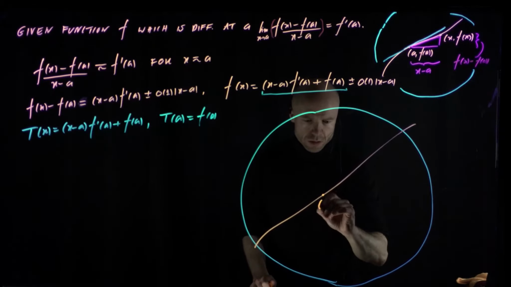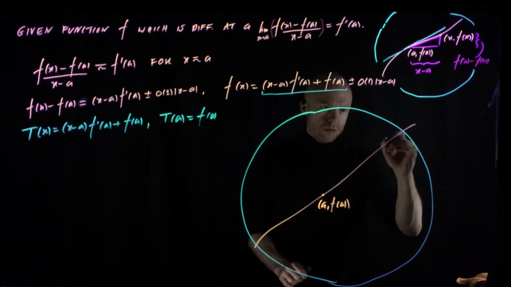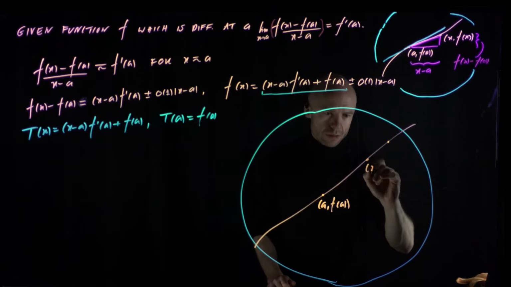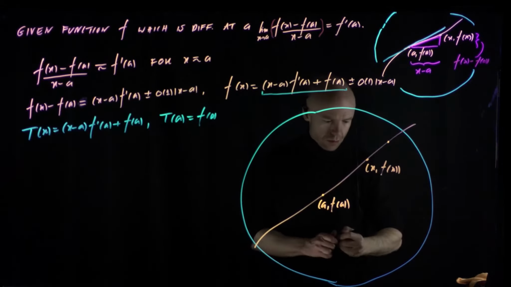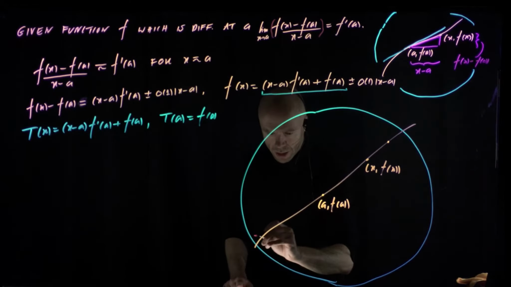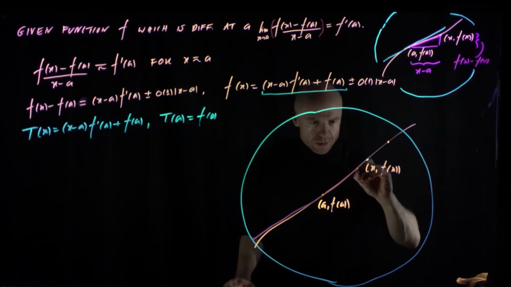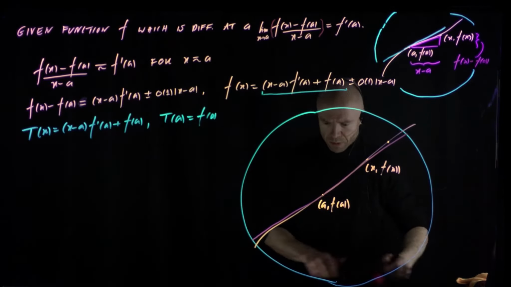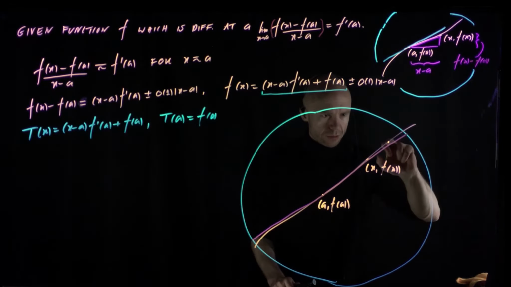This is a, f of a. Over here, well, more like over here, is x, f of x. The tangent line is this line that goes like this. It was green last time, let's make it green. Well, whatever. We can deal with a change in color.